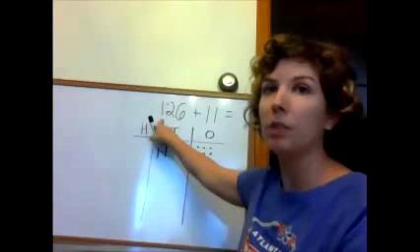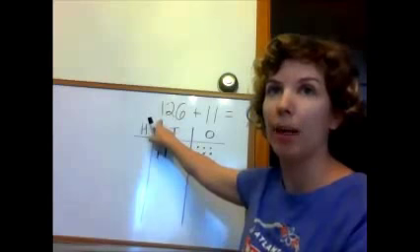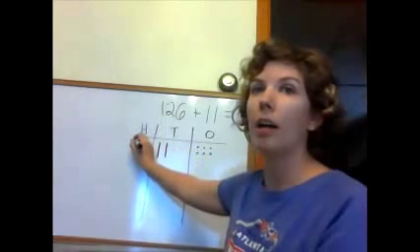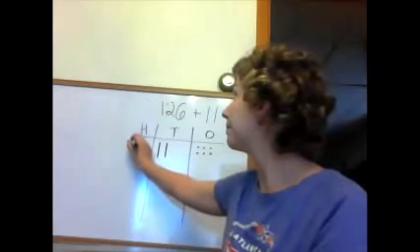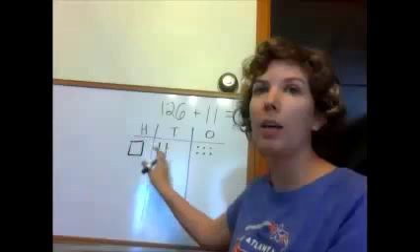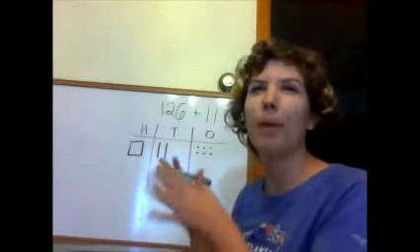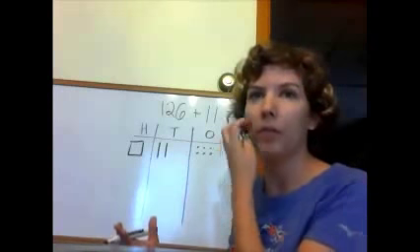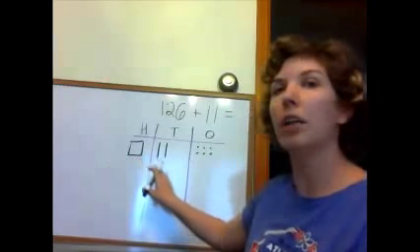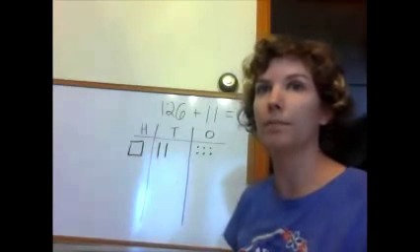Now the value of this 1 is not just 1, the value is 100 because it's in the hundreds place. So I'm going to draw a 100 pad. And the way we use these is according to the blue base 10 blocks you probably remember from when you were a child. So I have 126 laid out on my place value chart.